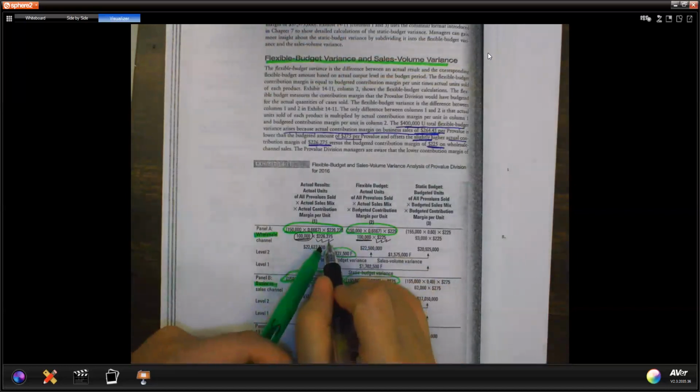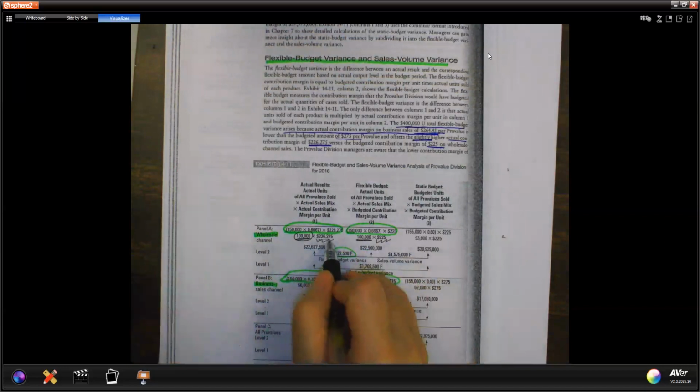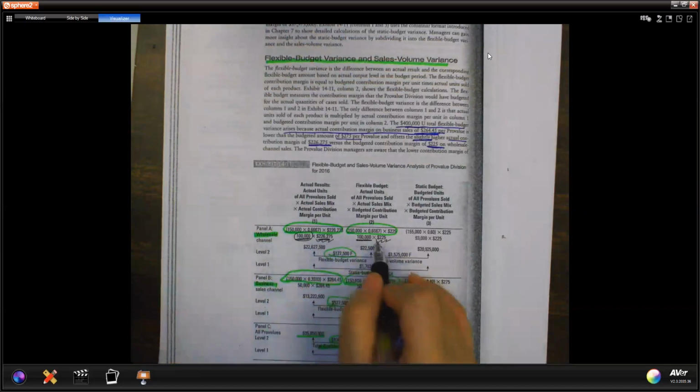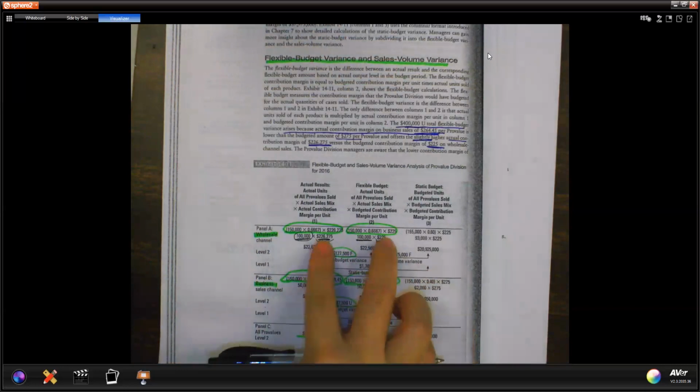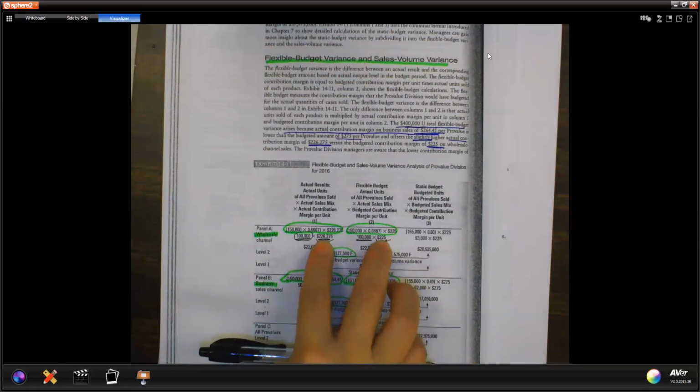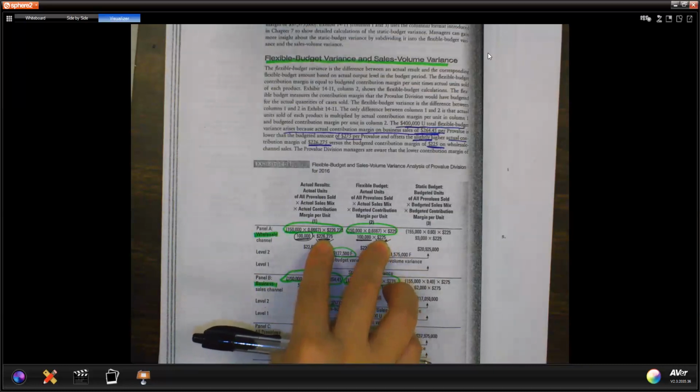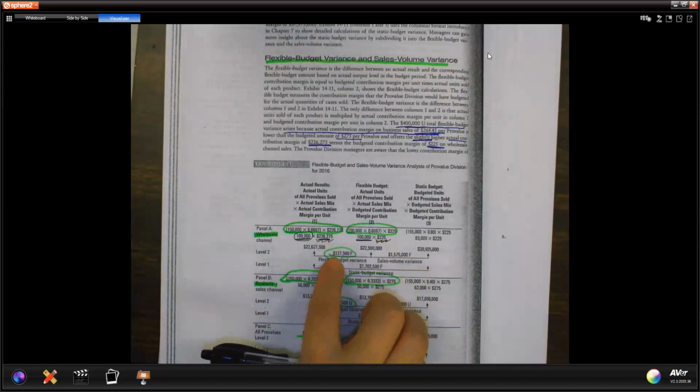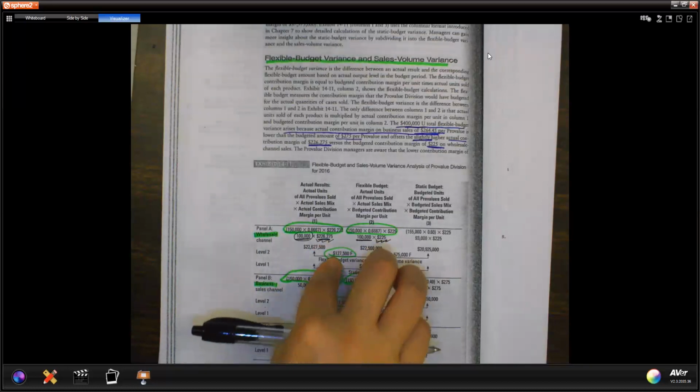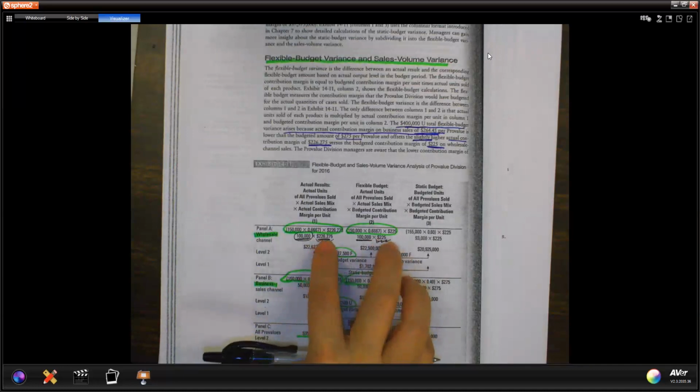So you found out that your first department actual is 226.275, budget is 225. So the actual contribution margin is higher than the budget. Therefore, we should expect to see a favorable flexible budget variance. So that's the reason you have a favorable flexible budget variance. But it's not that much, right? It's only 226 versus 225.